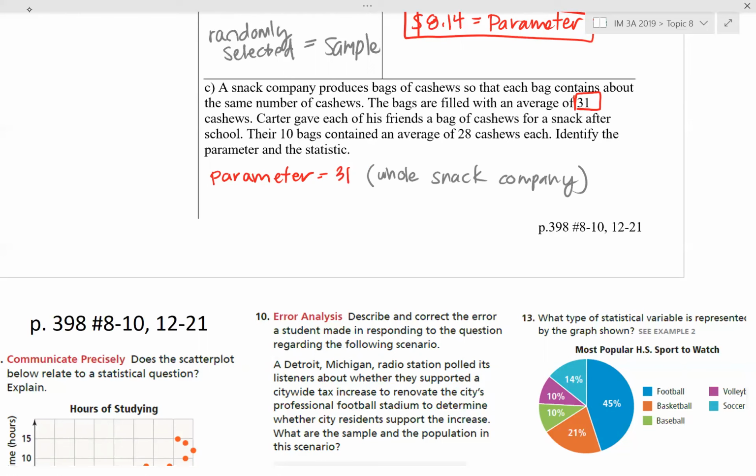And then the statistic is the one that just represents those 10 bags. So 28 is the statistic, again, because it was only their sample of 10 bags.